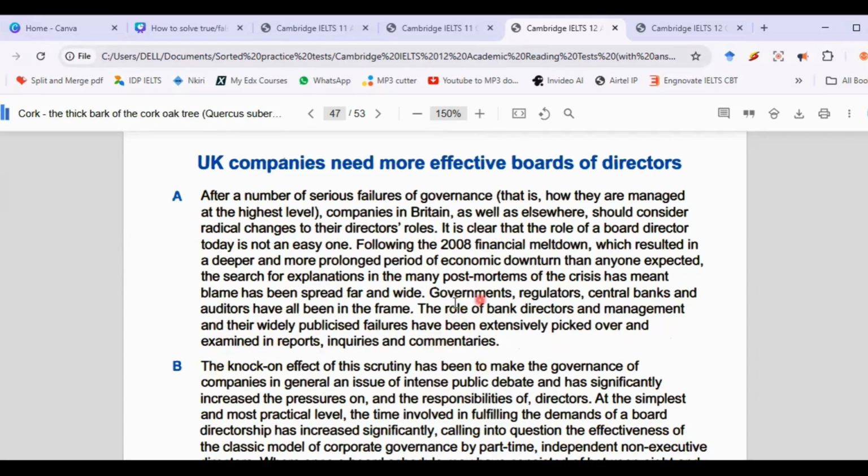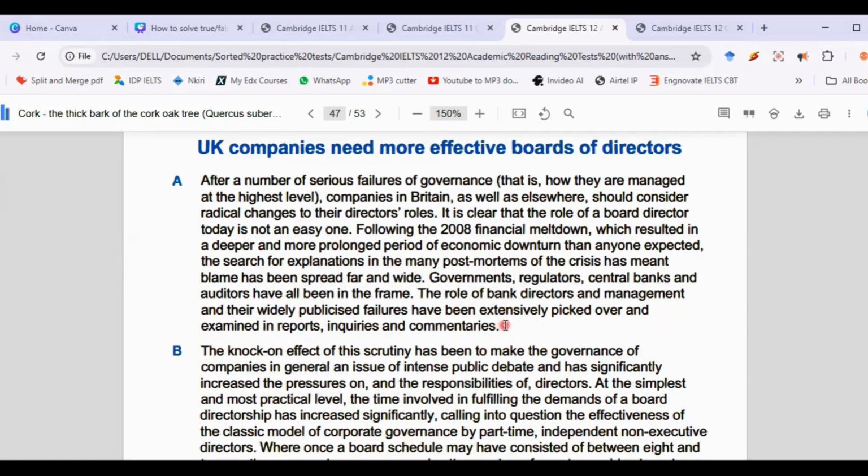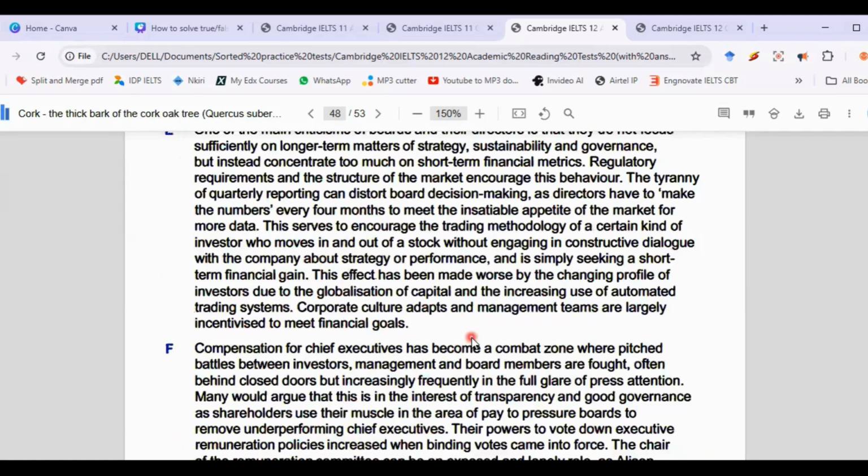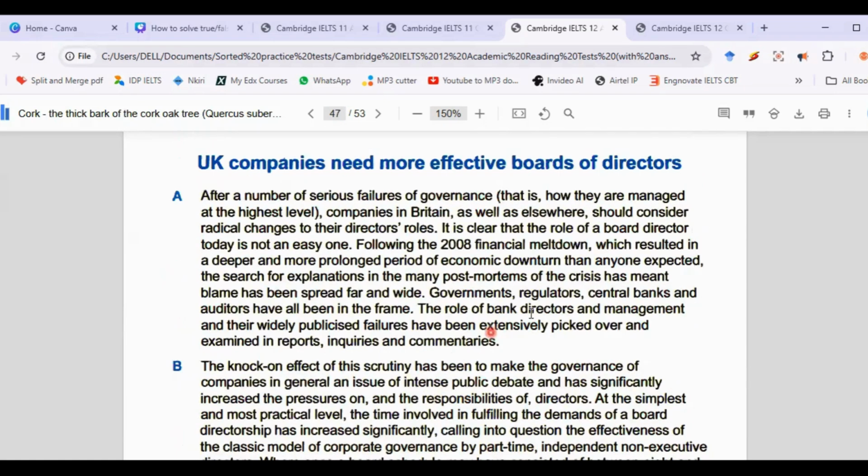The role talks about what you do. That's pointing at behavior. Role, behavior of boards. What is the meaning of boards? Boards refers to bank directors. That's a paraphrase for bank directors and management.